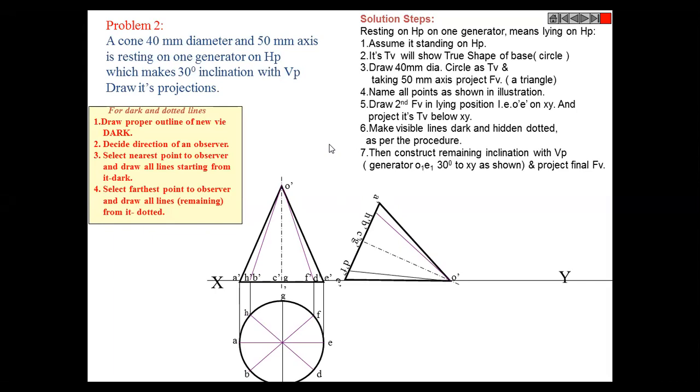So whenever you are asked some orientation in engineering graphics, you should speak with respect to HP and VP. So in this first step, we are having the axis orientation.